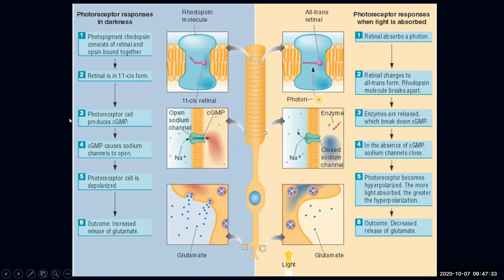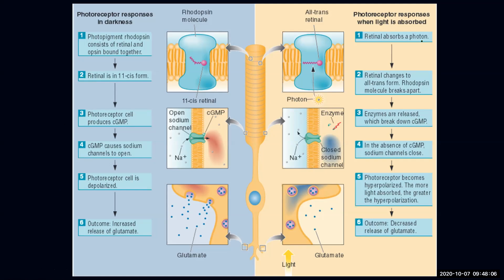Normally, the photoreceptor cell is going to produce a second messenger called cyclic GMP. That second messenger is going to cause sodium channels to open and remain open. That depolarizes the cell. When the cell is depolarized, it's going to release neurotransmitter. The neurotransmitter of the photoreceptor is glutamate. And so this is what goes on when there's no stimulus around.